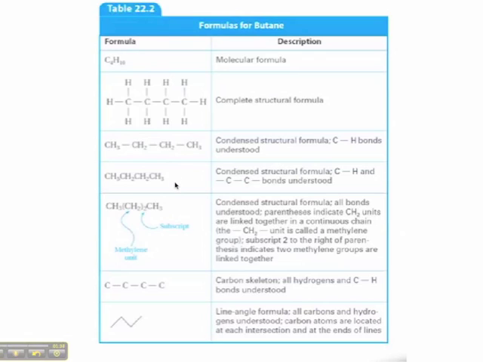We could also write it in condensed and take out the bonds in between the carbons. And then here it's really condensed. They would put parentheses around however many of the same thing there are in a row and use a subscript. This one, it's still the exact same thing, and the hydrogens are still there.